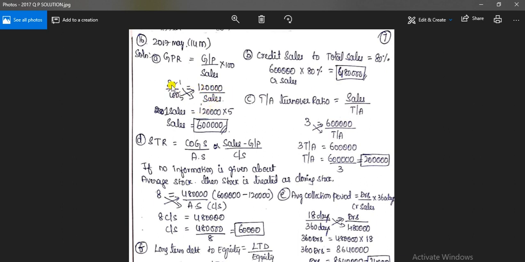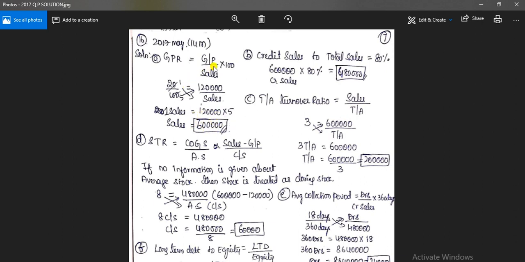Here you just have to make a cross multiplication. You can divide 100 and 20, 20 ones are 20, 5 you can divide. If you do the cross multiplication, sales is equal to 1,20,000 into 5. So sales is equal to 6 lakhs. So we have found out the sales of 6 lakhs.